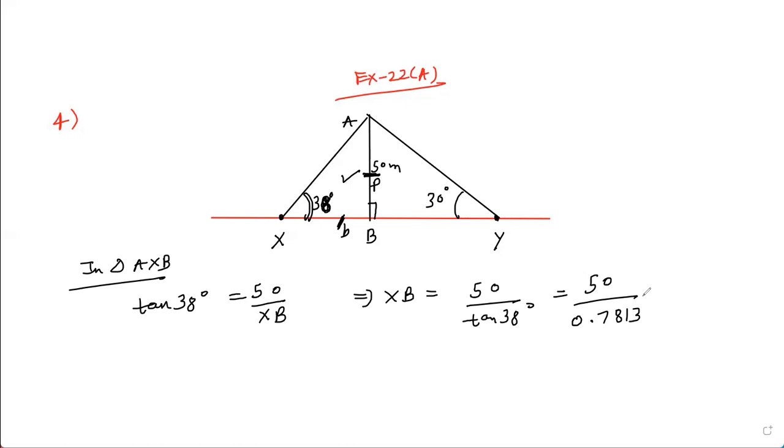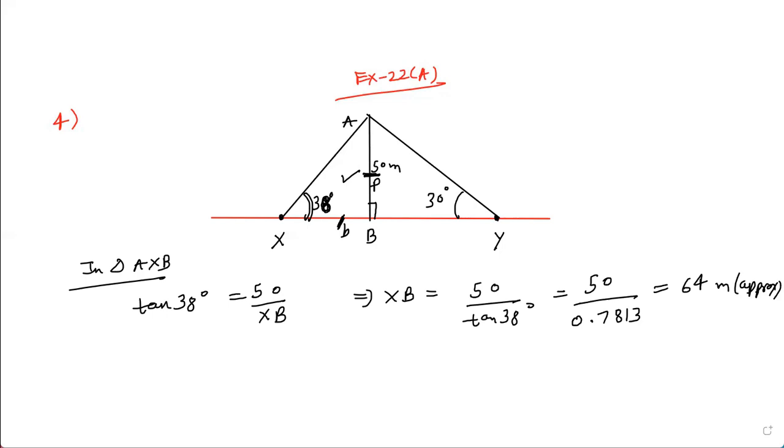If we divide 50 by 0.7813, it comes to approximately 64 meters.